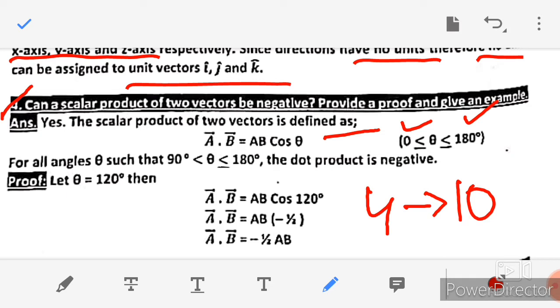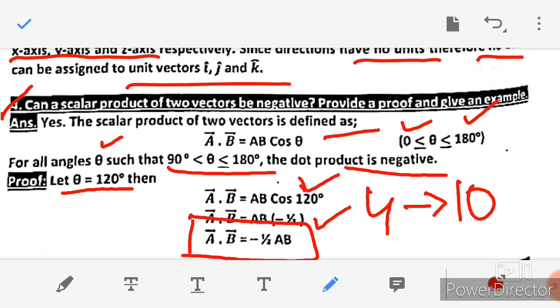For all angles theta such that the dot product is negative, prove: let theta be equal to 120 degrees, then A dot B is equal to AB cos 120, which gives the dot product minus 1 by 2 AB.